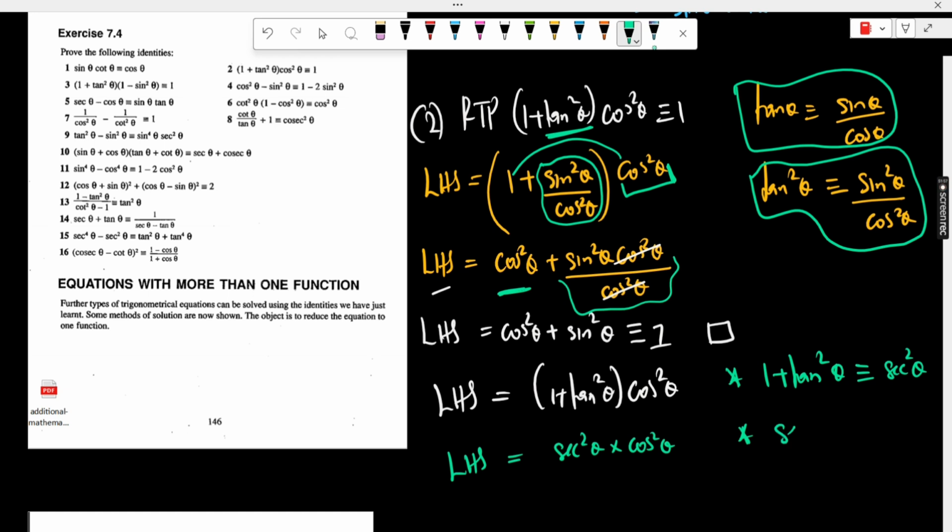But of course, what is sec theta? Sec theta is 1 over cos theta, which therefore means that sec squared theta is equivalent to 1 over cos squared theta. And so this basically gives us 1 over cos squared theta times cos squared theta, which simply gives us 1. So here again, the identity has been proven, right?